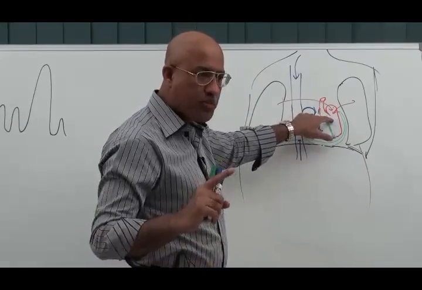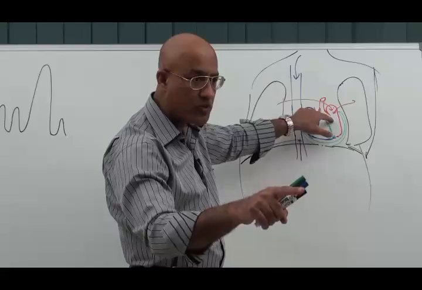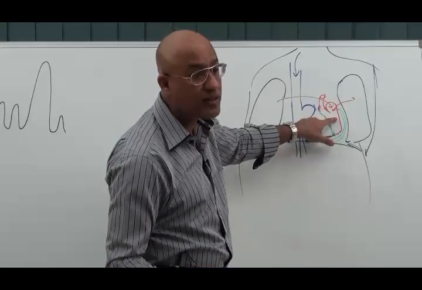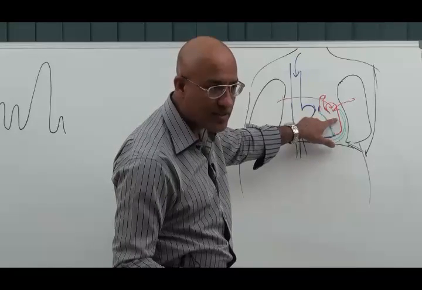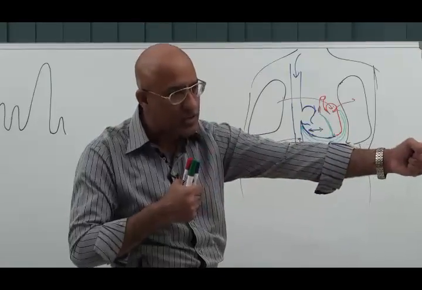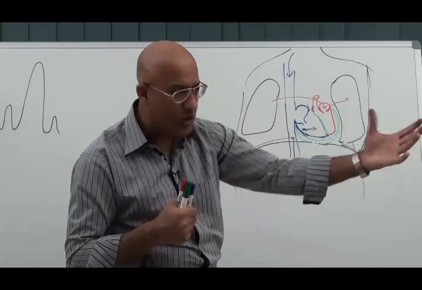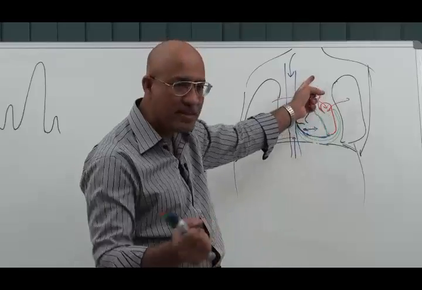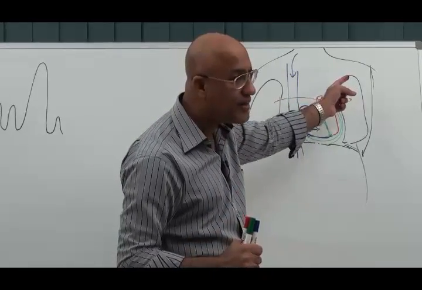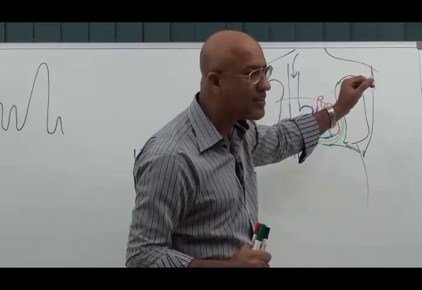Now, in a normal person, when you go into inspiration, the left side is underfilled. Of course, end diastolic volume is less. What will happen? End diastolic pressure is less. Myocardial stretch on the left ventricle is less. Contractility is less. Stroke volume is less. Cardiac output is less. And systolic blood pressure slightly drops.